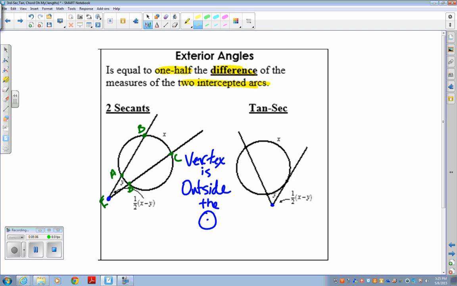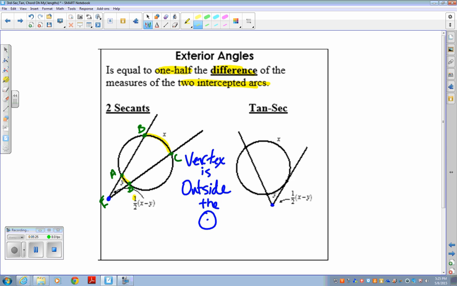There are two of them, because we want the arcs in the interior. The larger arc would be arc X, because it's inside, in between the angle. We also have the arc Y here.